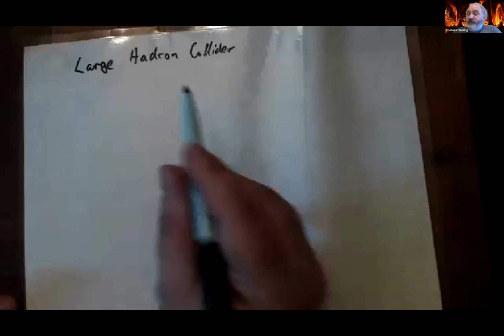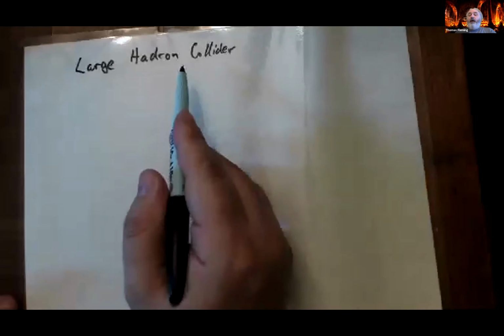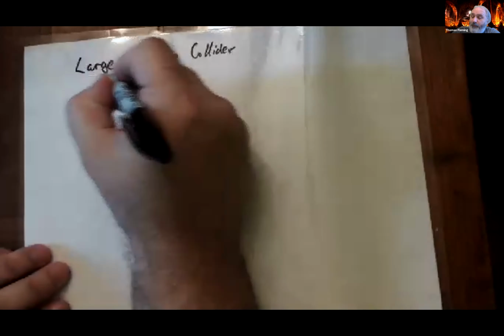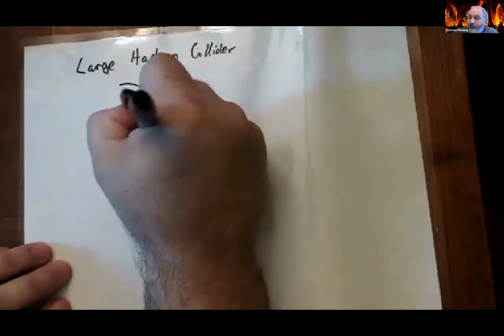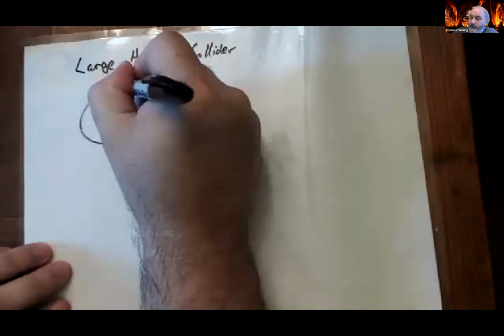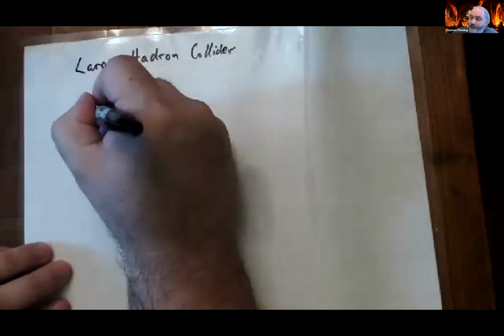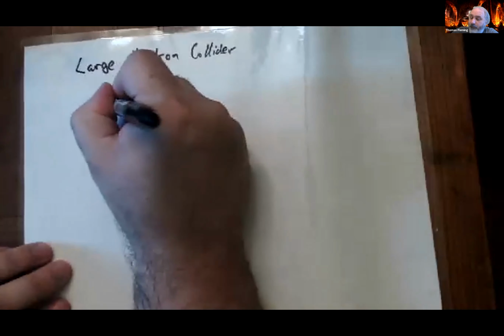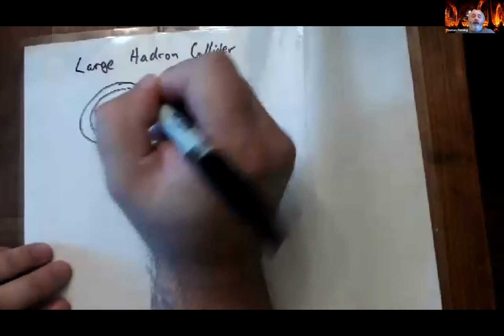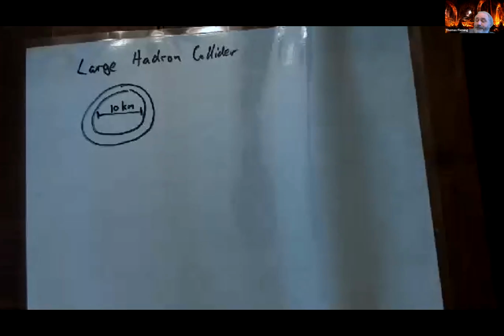We know that the Large Hadron Collider is a very big underground tunnel, and the tunnel goes in a loop 10 kilometers in diameter. So imagine I've got this big underground track that I'm sending my protons in. And that's a 10-kilometer diameter.